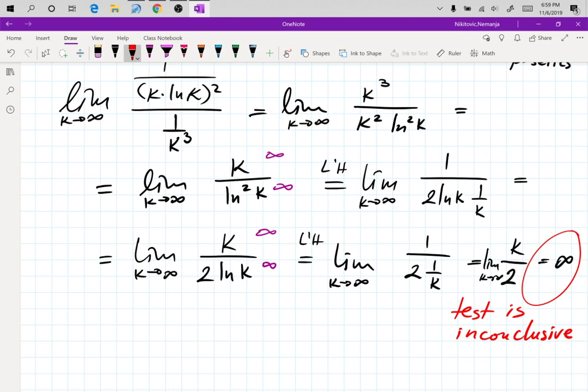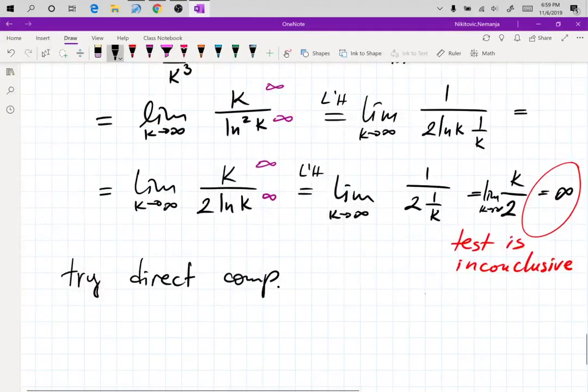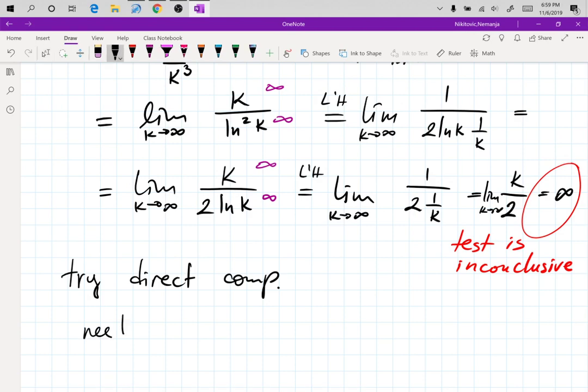So now we have to go and try to solve this problem using the proof that Bn, right? So because the test was inconclusive, try direct comparison. Need to show for convergence, right? We need our Bn to be bigger than An to squeeze it.